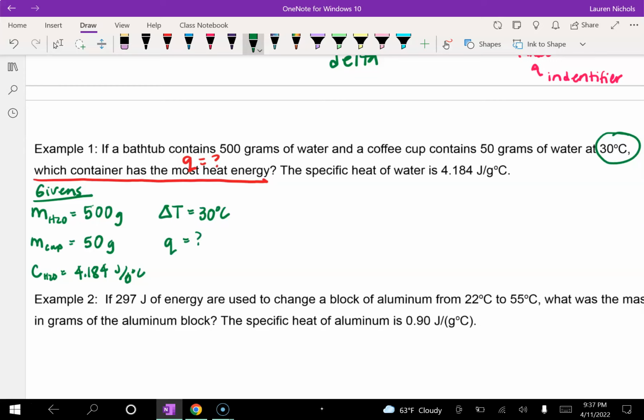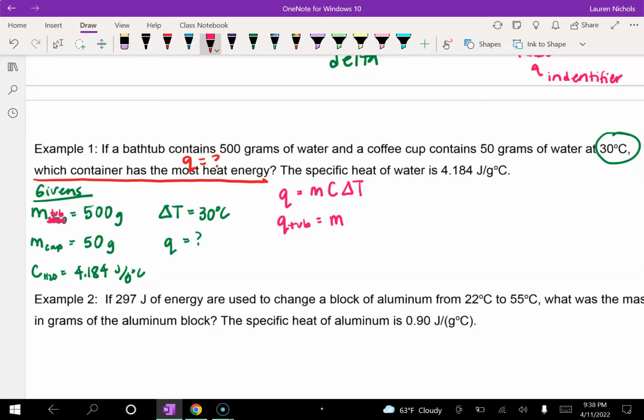So what we do first is write down our formula. Q is equal to our mass times our specific heat times our change in temperature. What we'll do first is solve Q for the bathtub. Actually here I should have put the tub for our original mass.